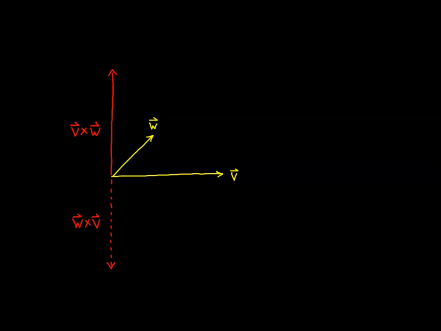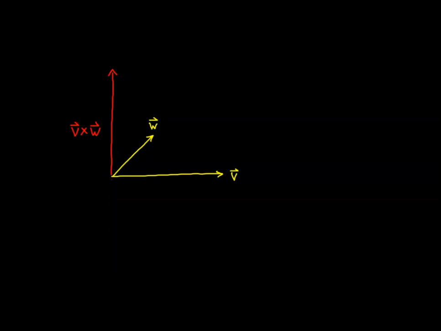We made that point during the discussion. w cross v is going to point downward. You'd point your index finger in the direction of w, your middle finger in the direction of v, and your thumb then would point downward like this. So these two products are not the same. It's not commutative. They're negatives of each other, which in vector terminology means they point in opposite directions.